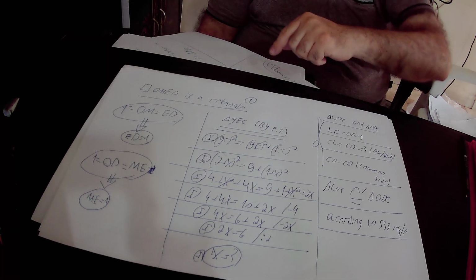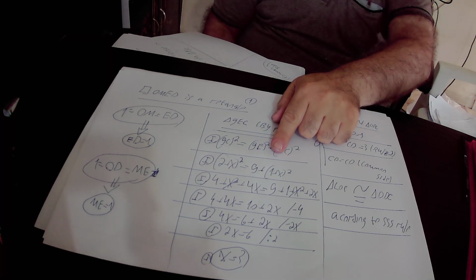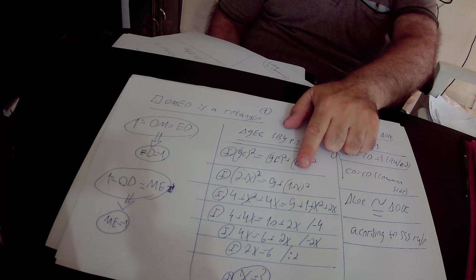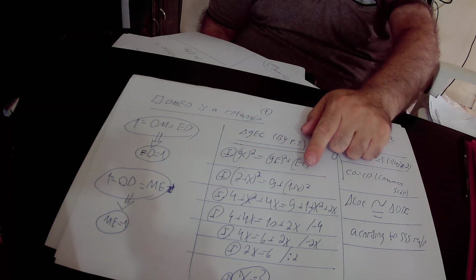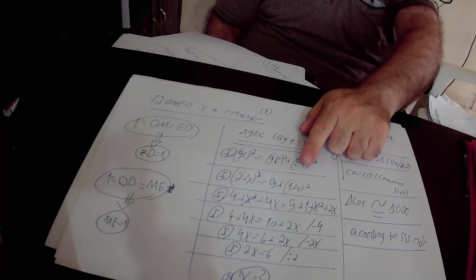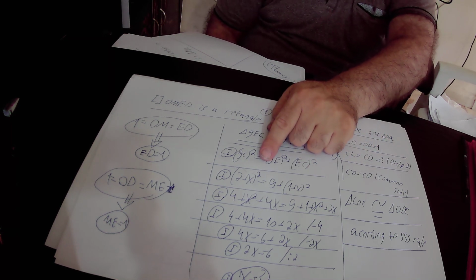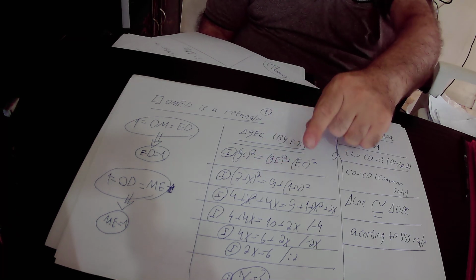So in conclusion, according to equation number 1, we found out that (2 plus x) squared equals 9 plus (1 plus x) squared. Here we open the brackets on both sides of equation number 1. (2 plus x) squared equals 2 squared, that is 4, plus x squared, plus 2 times 2x, that is 4x.